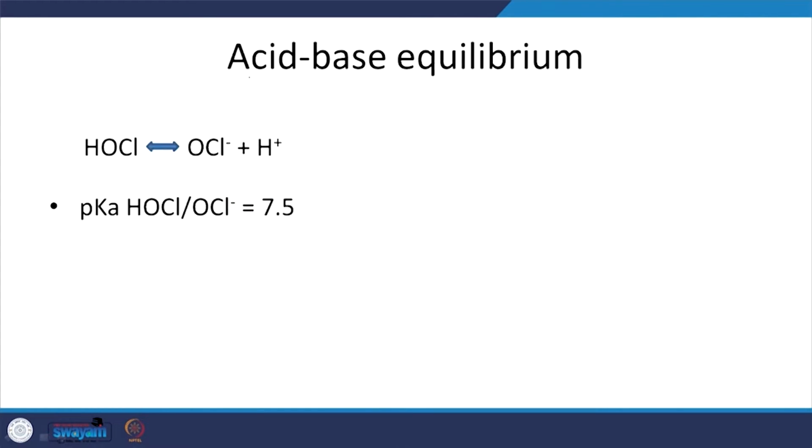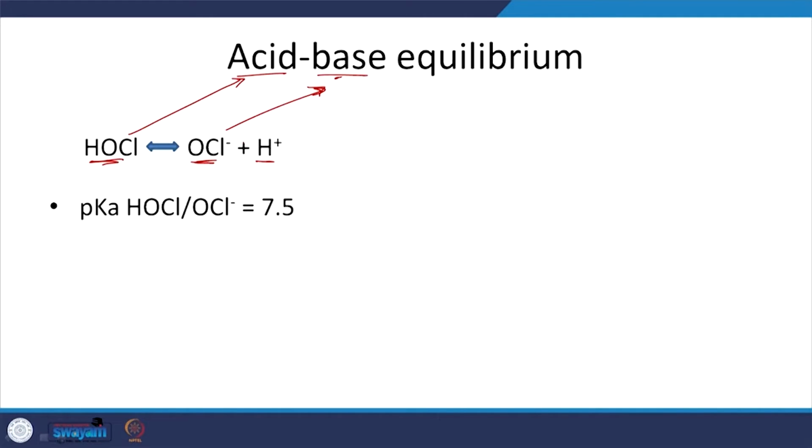So here we have an acid, HOCl, and a base, OCl minus. What is an acid? An acid is one which can give out a proton. What is a base? A base is one which can accept H plus, let's say.